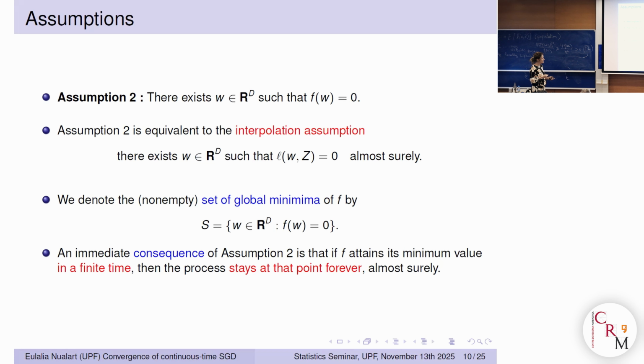This implies that the set of global minima, which in practice is infinite, so there are a lot of global minima, we just show convergence to one global minimum. And the assumption is that there is at least one global minimum. In most of the examples, the set of global minima is infinite.